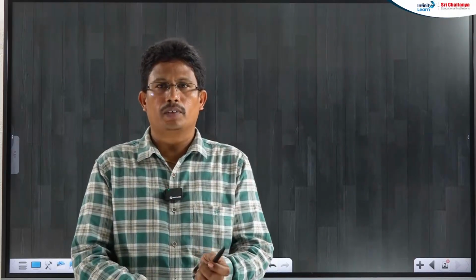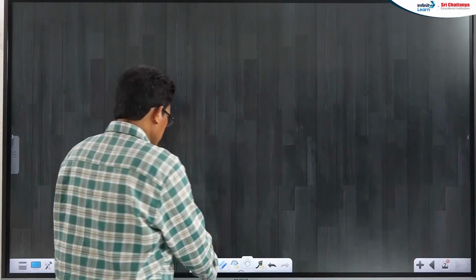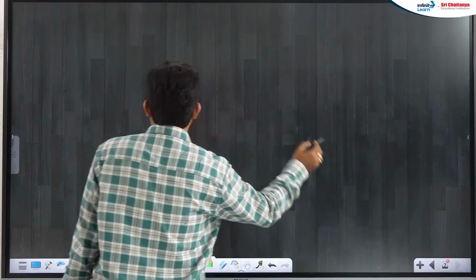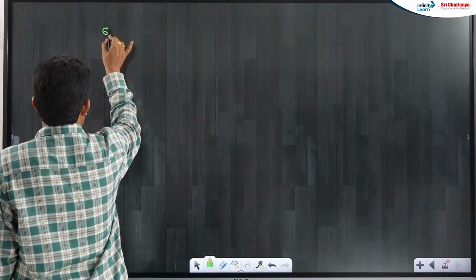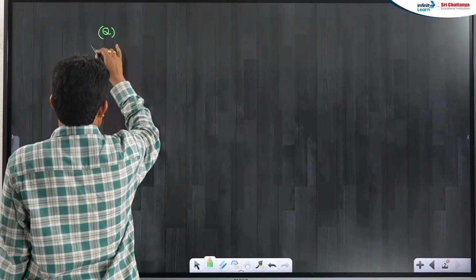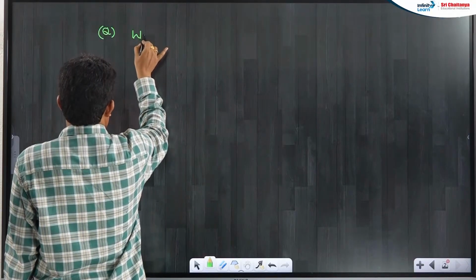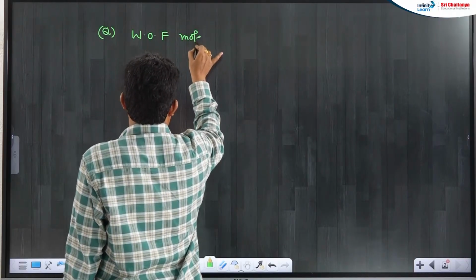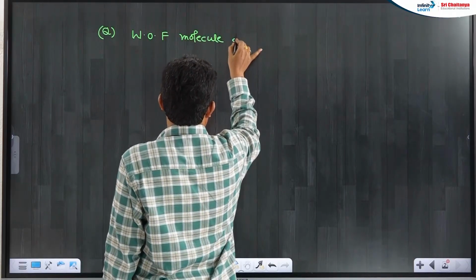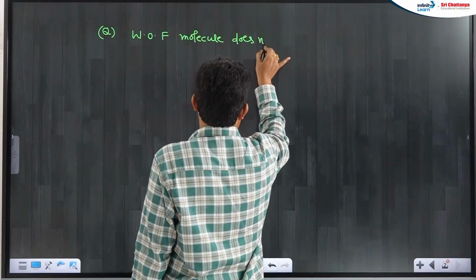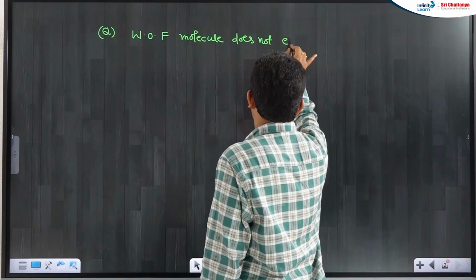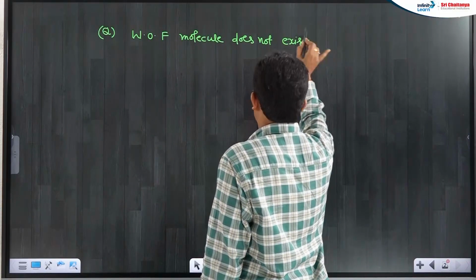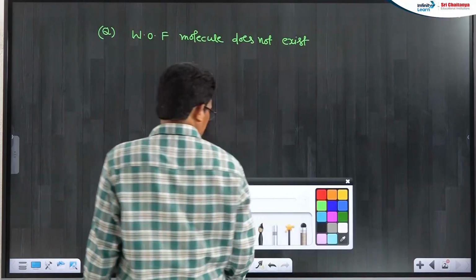One more model related to bond orders. Which of the following molecules does not exist?